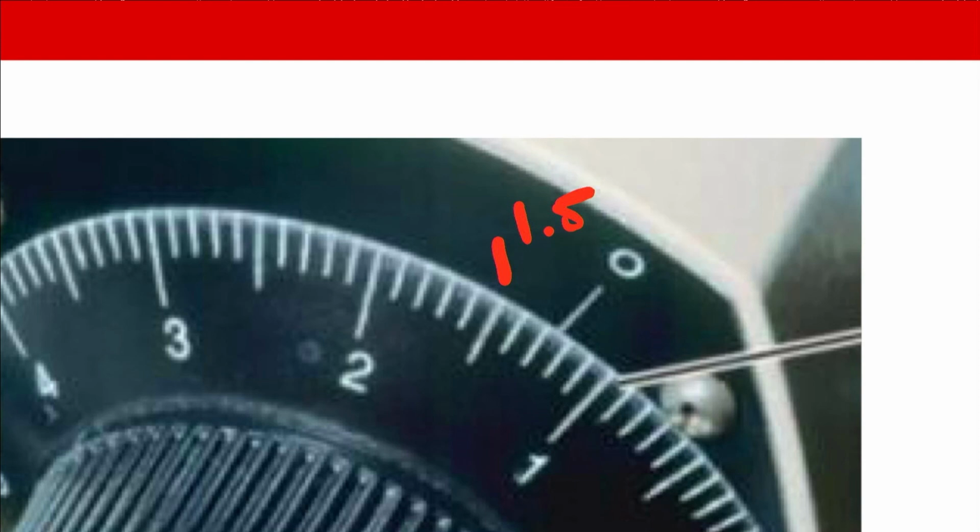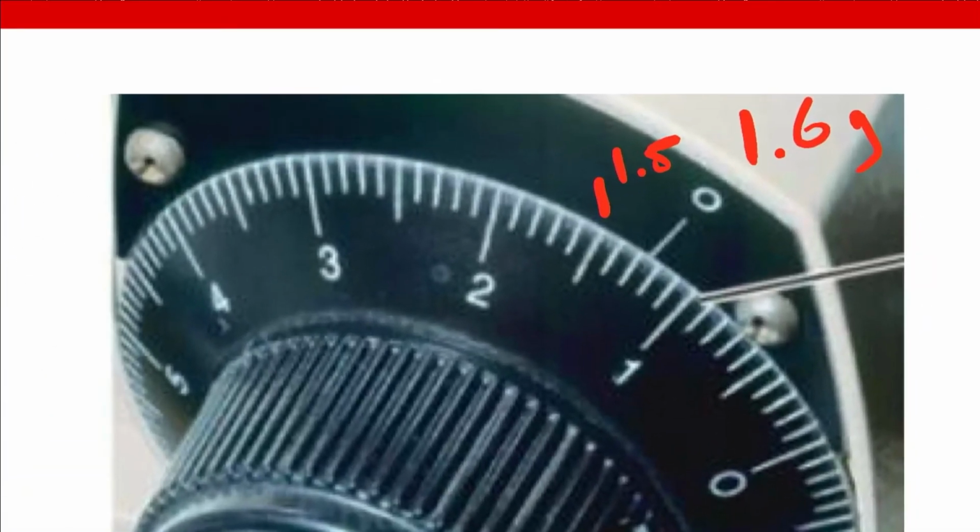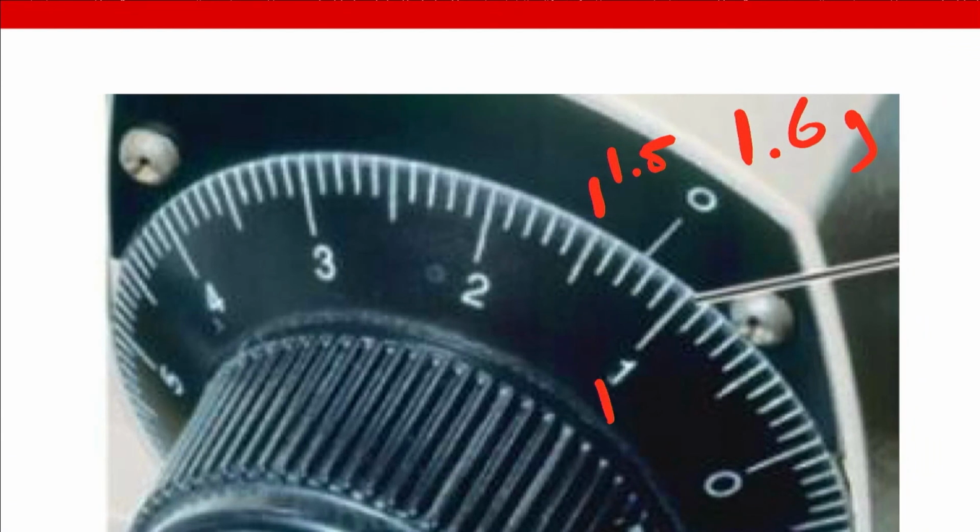Again, this looks like it's just past that, so I'd say 1.6. I think this was grams. Oh, 1.26. Am I missing something here? Oh, yeah, because this is 1. That's 1.5. This is 1.2. Yeah, so 1.26.